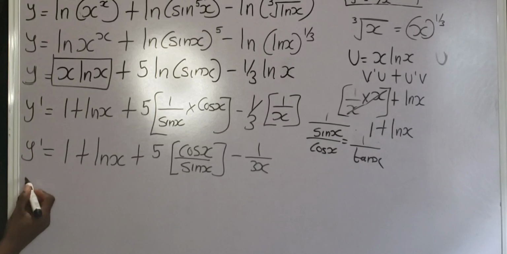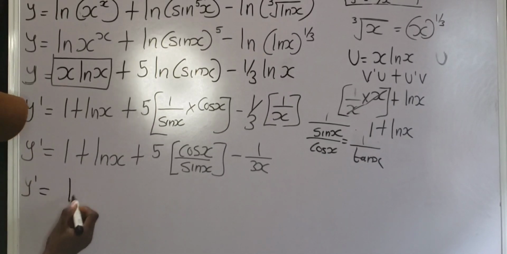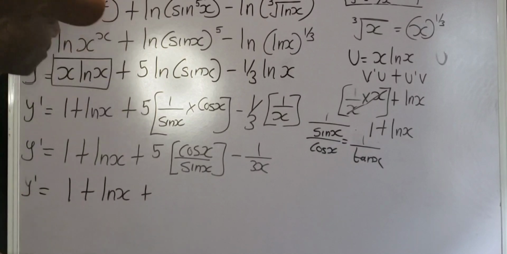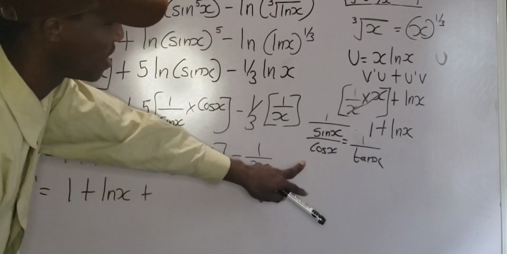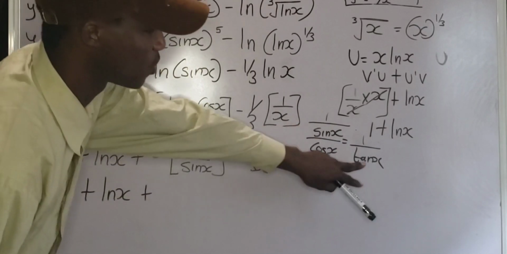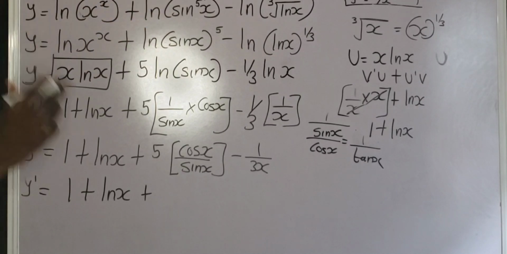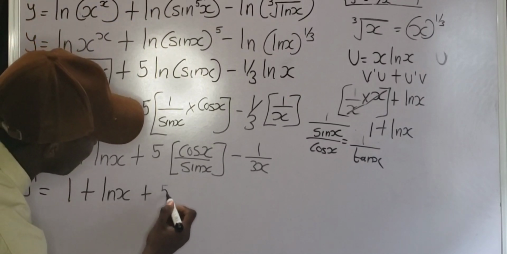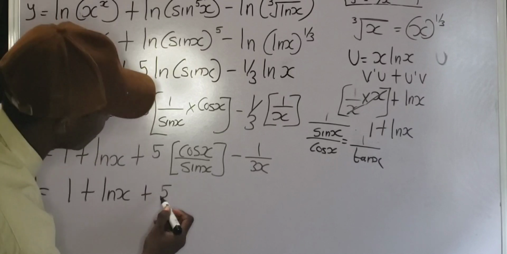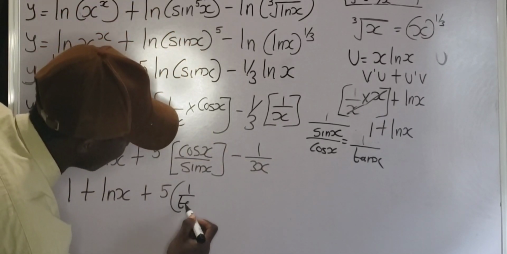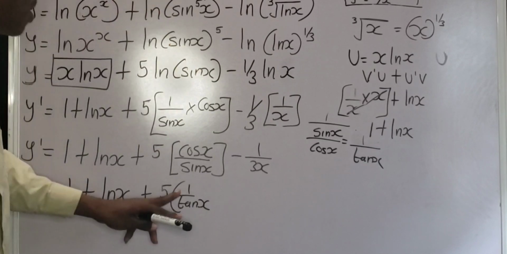Now let's proceed. The derivative of y now becomes 1 plus ln x plus, now according to what we have here, the inverse of sine x over cos x is what? 1 over tan x, because sine x over cos x is tan x. So for this I'm going to have 5 multiplied by 1 over tan x, and 5 multiplied by 1, that is 5.